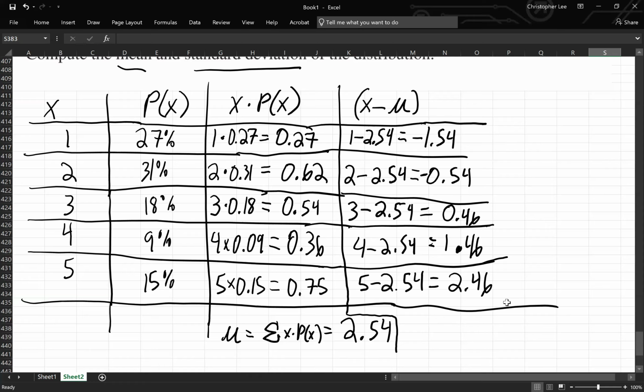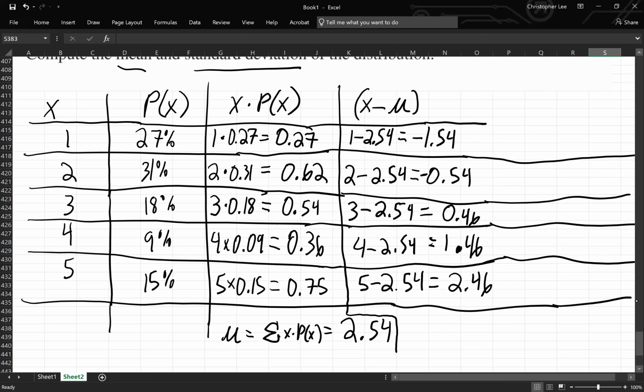All right, that's it for this column. I need to make another column. I'm going to eventually run out of space here, so just bear with me one second.